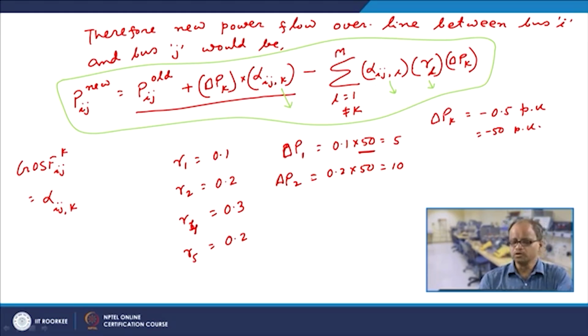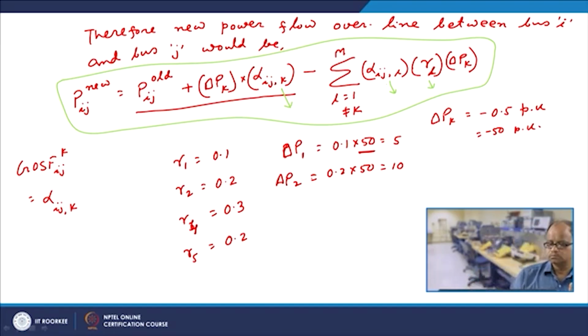We will look into these quantities at a later stage, and we will also see that they are constant. Because all these quantities are constant, if there is an outage of any generator, we really do not have to do any kind of AC power flow; we simply do the simplest possible algebraic operation, multiply and add.